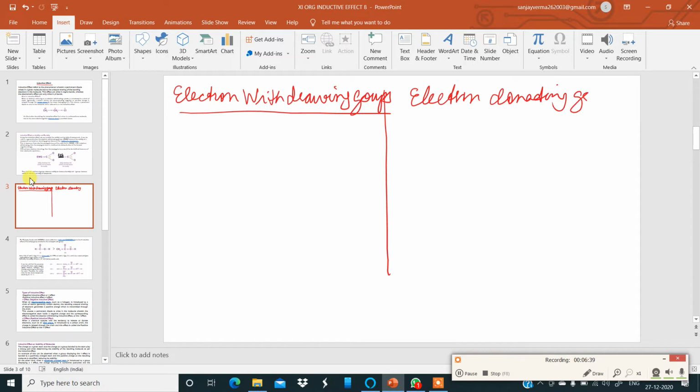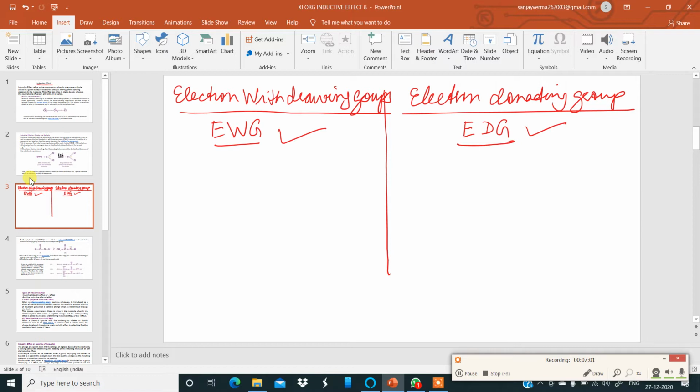In short, I will be writing the electron withdrawing group as EWG, and the electron donating group as EDG.